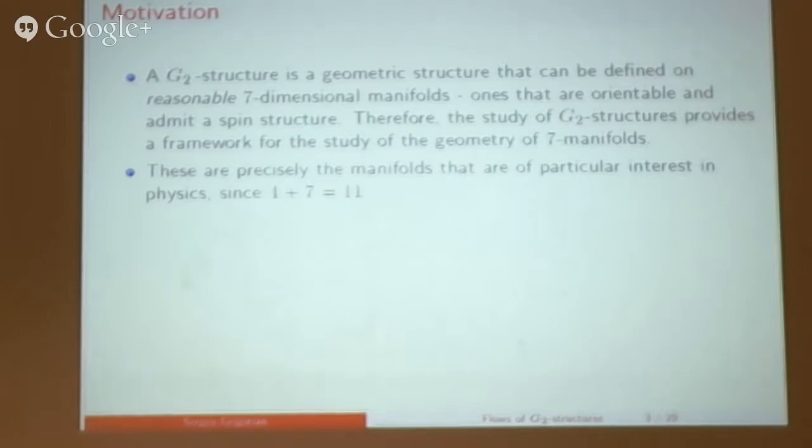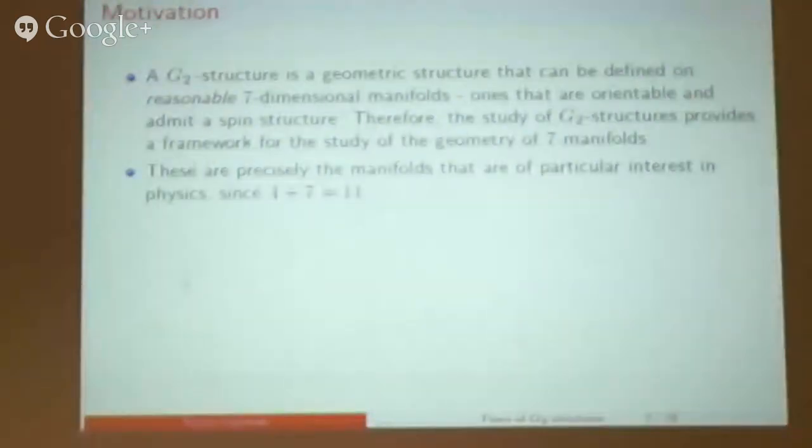These special structures are of particular interest in physics, because M theory, which is one of the interesting theories which should hopefully describe the universe, should live in 11 dimensions.